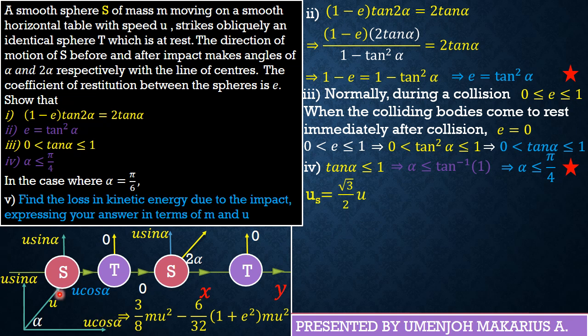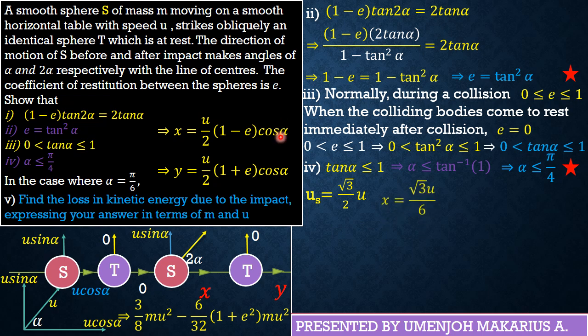That is, the initial speed of sphere S is root 3 on 2 U. Then the final speed of sphere S, that we found initially, and that of sphere T, is what we have initially. So when theta takes a value of pi over 6, we are going to have x to be the same as root 3 over 6 U.